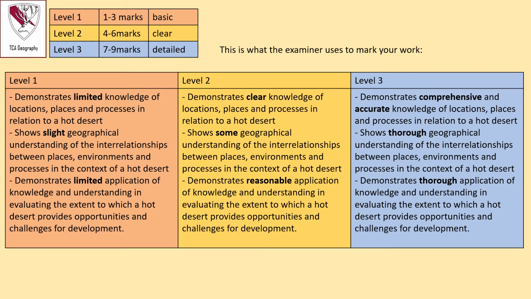So what we're aiming to show the examiner is not only that you know about it, but that you understand. You understand why the things that happen in the far desert are important to people and how the people and their environment are connected.